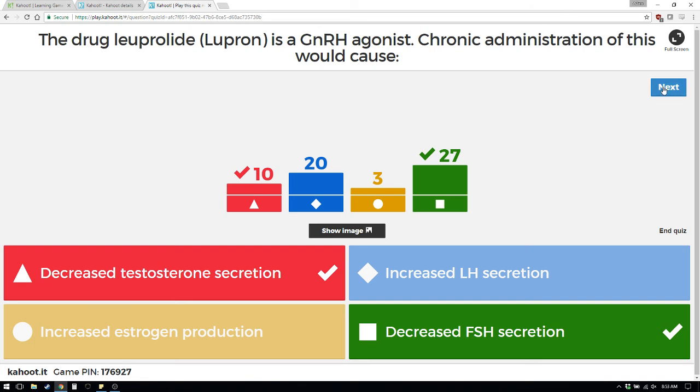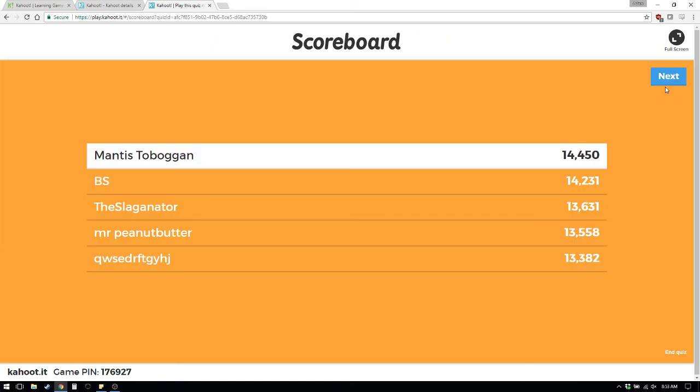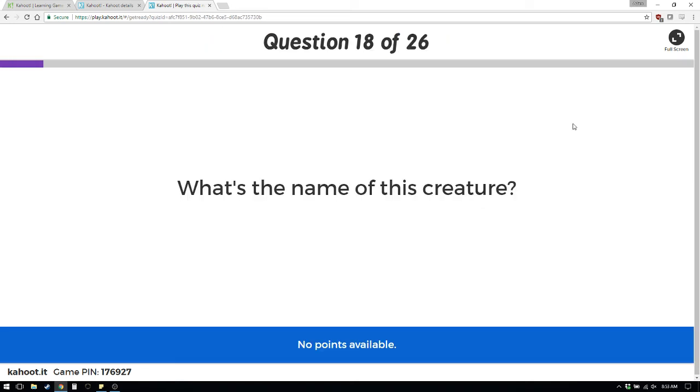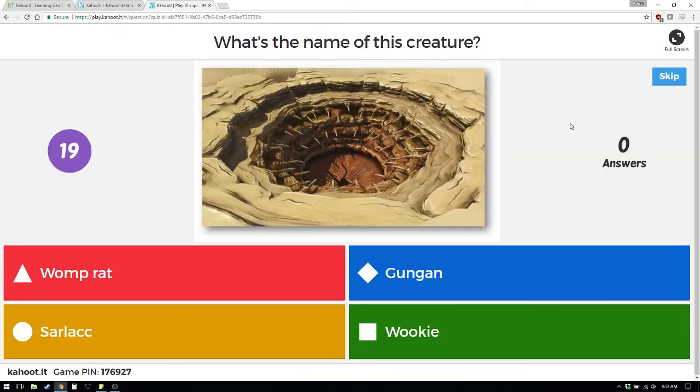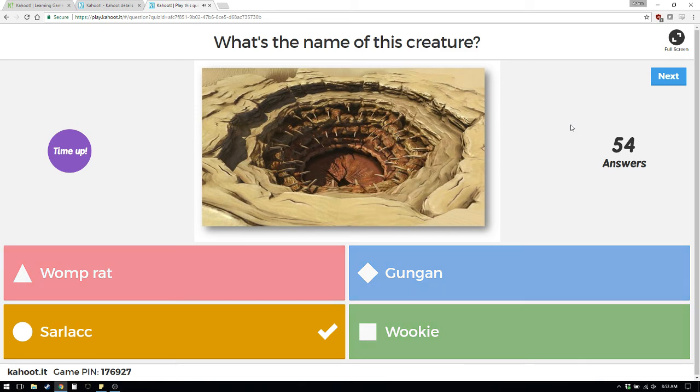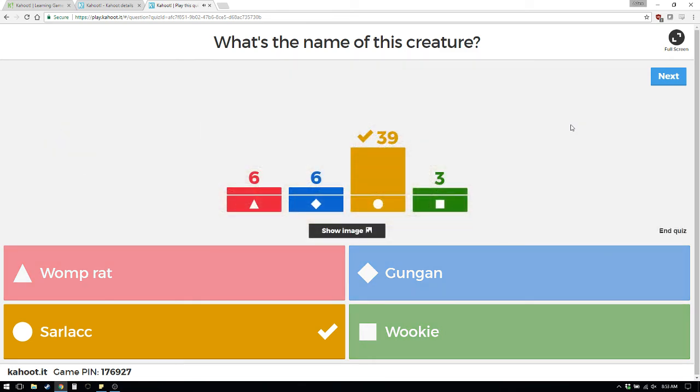All right. Bless you. What's the name of this creature? This is not for points. I remember this one. Give away the answers. Gotta find out who my Star Wars nerds are. The Sarlacc pit.